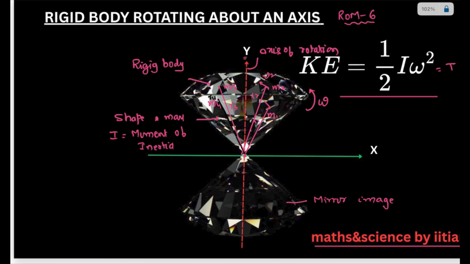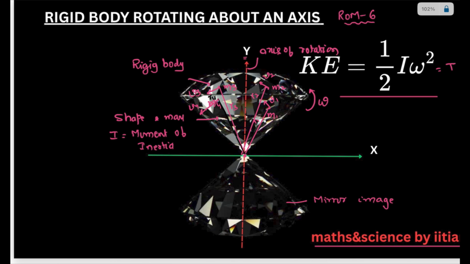M1 is moving perpendicular to this R, that is V1, like this. Because omega is this way, it is V3, this way it is V4. Like this, all the particles are moving. There are an infinite number of particles, and this rigid body is moving.